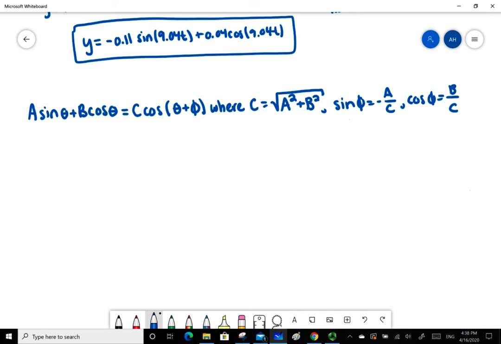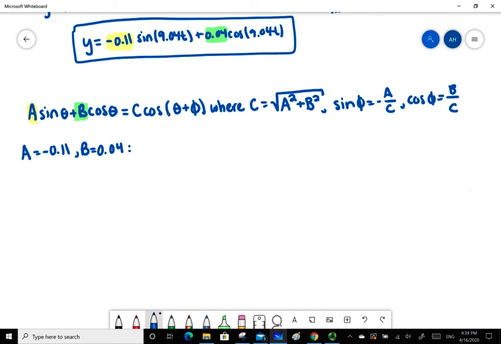If you wanted to write your function as c sine of theta plus phi instead, you certainly could, but the formulas would be a little bit different. For our function, a equals -0.11 and b equals 0.04.